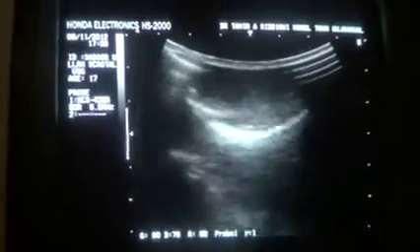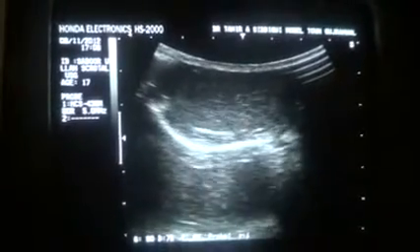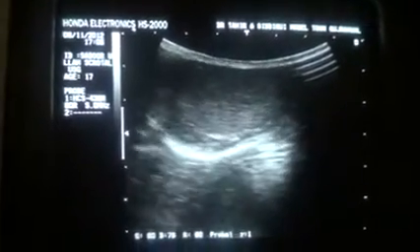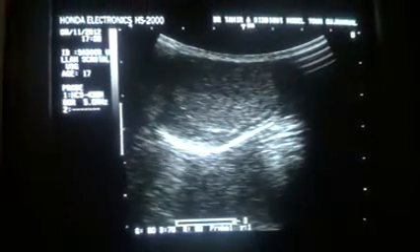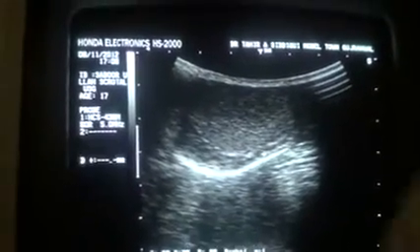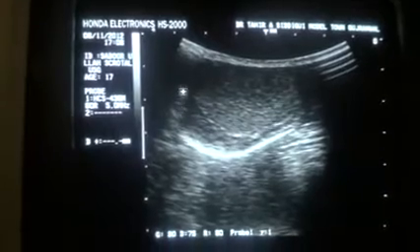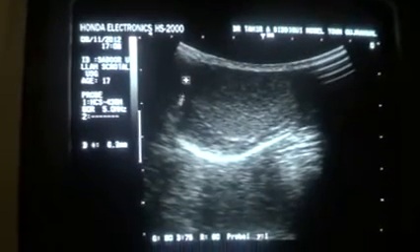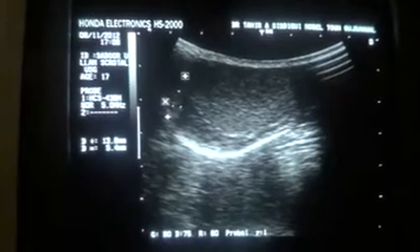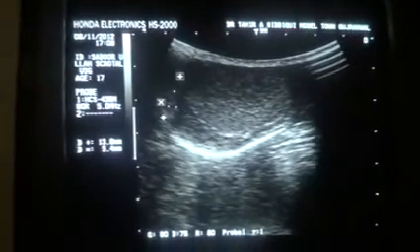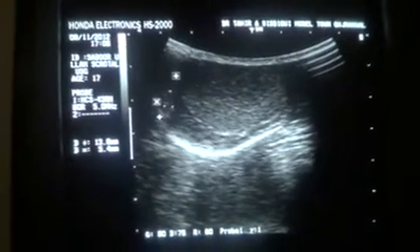We don't see any fluid in the left hemiscrotum. However, in this image that you are seeing, this area is the left epididymis, measuring 13.6 millimeters by 5.4 millimeters.